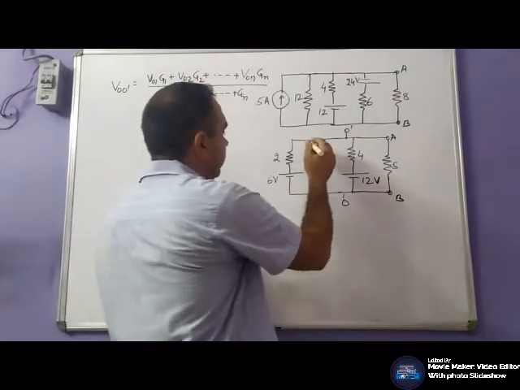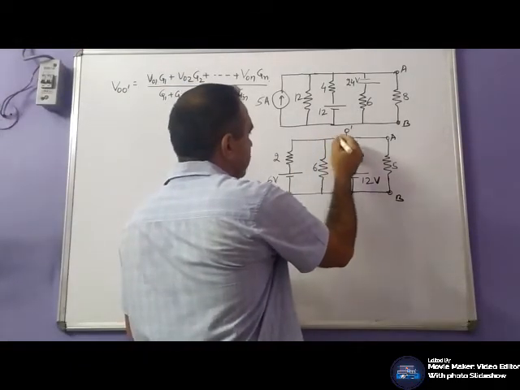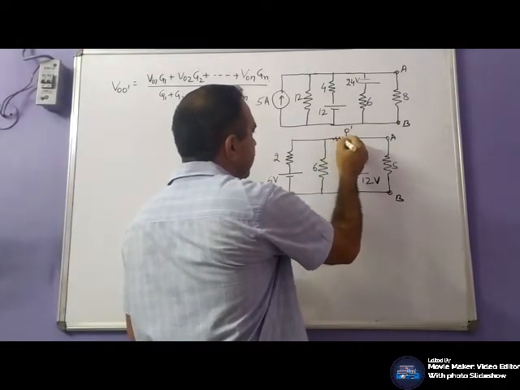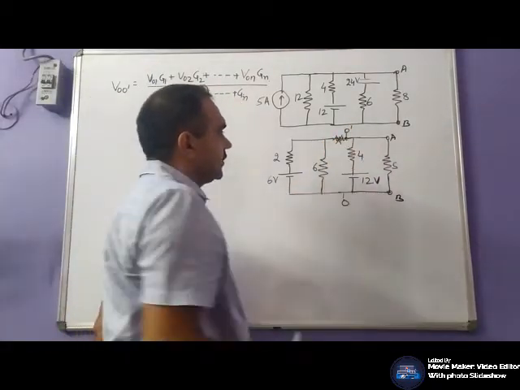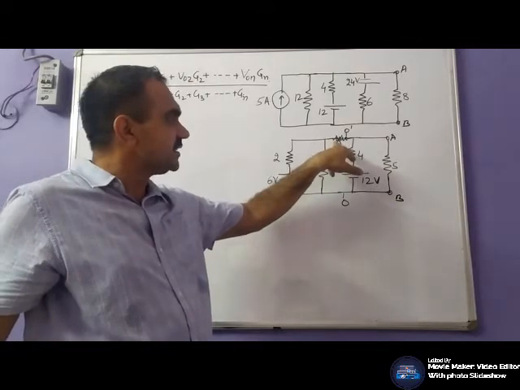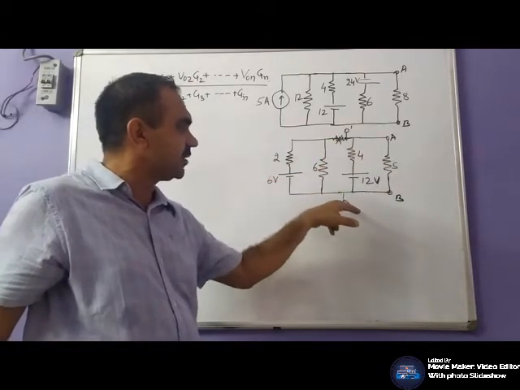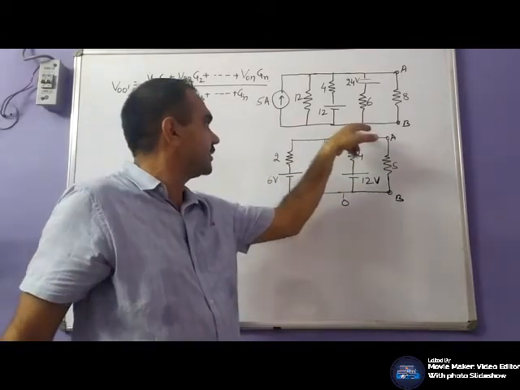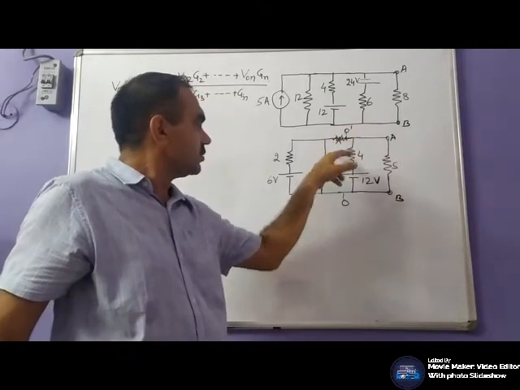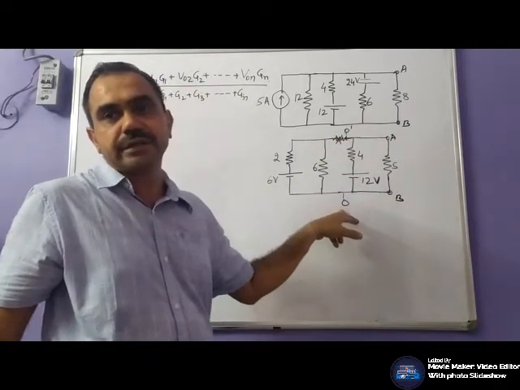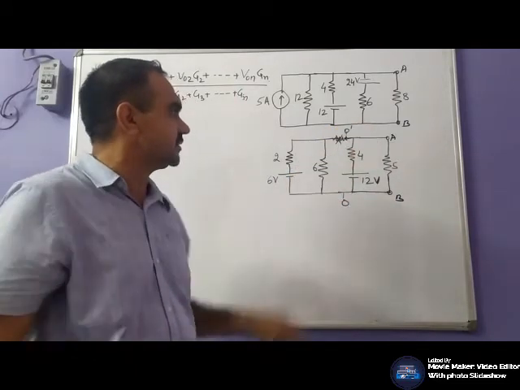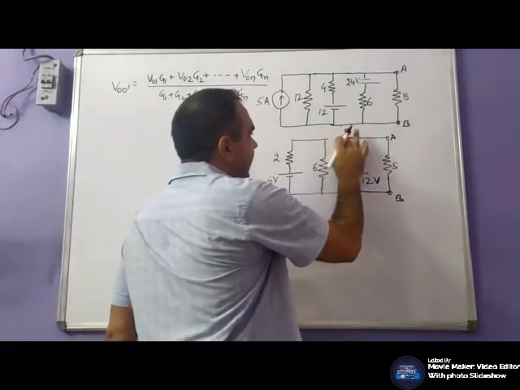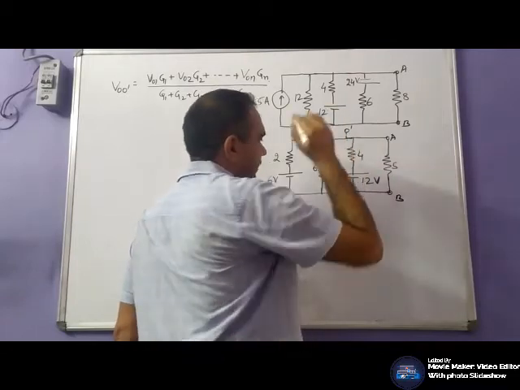For example, we have some resistance here. We have to neglect it, because this particular resistance is not connected to this reference point, the O point. It should be connected with this as well as this. Whatever else is there, we have to neglect it.